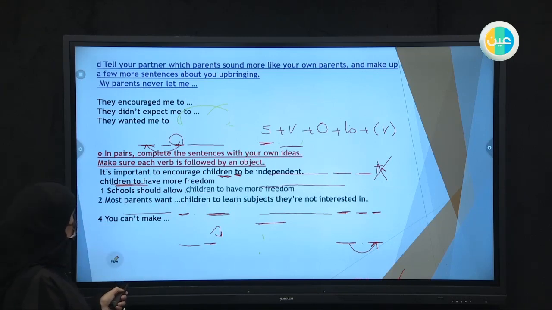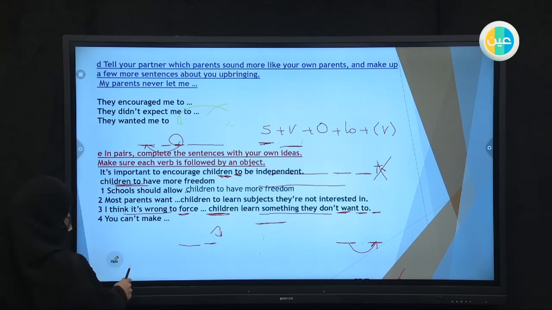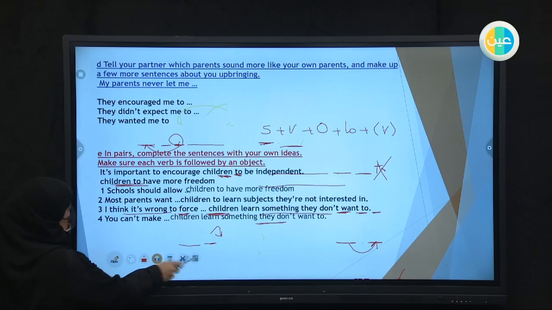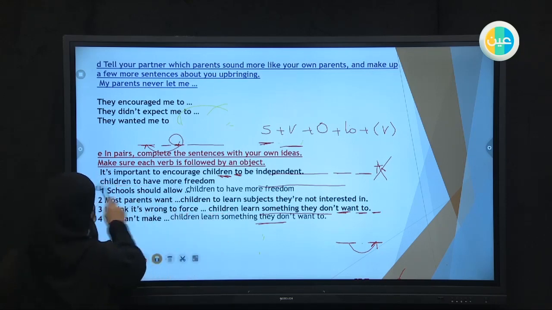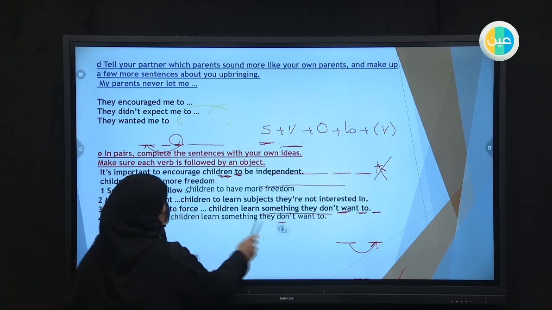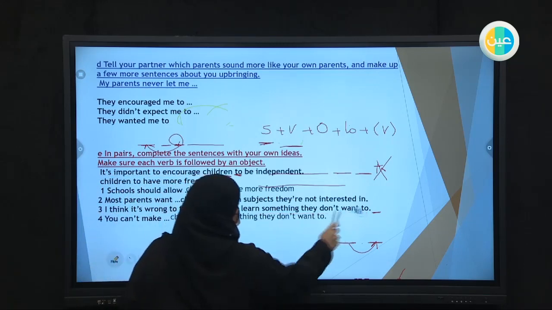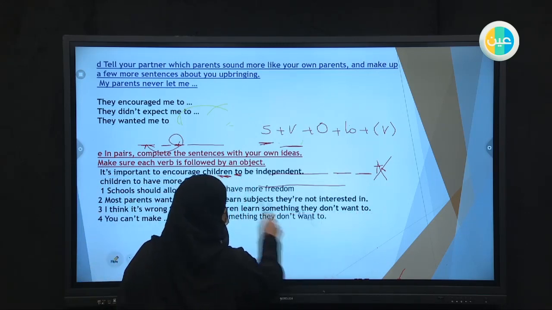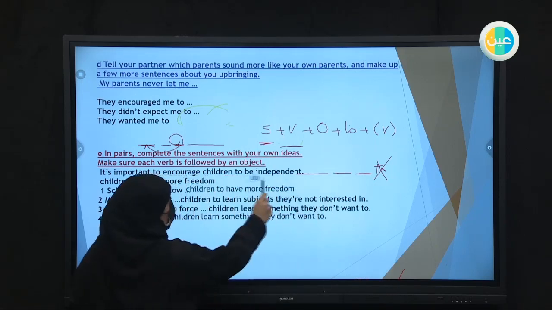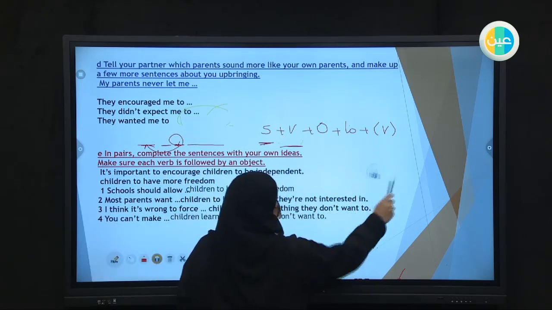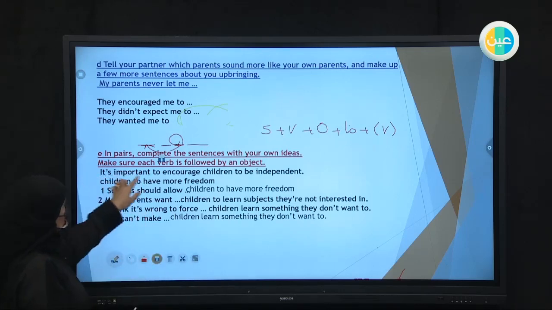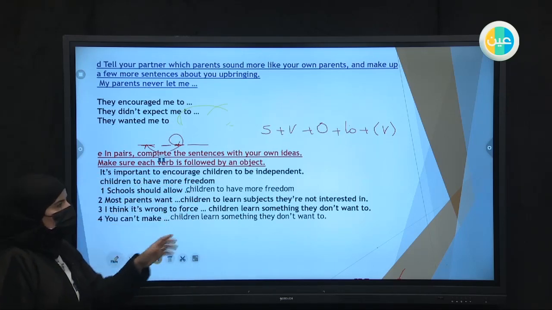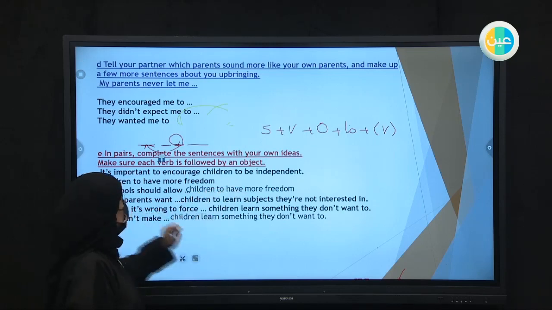This is the answer. Try to copy the answers. Sorry, I really have only 25 minutes, so I cannot extend the explanation, so I have to shorten the time. But here we have, it's important to encourage children to be independent, okay?